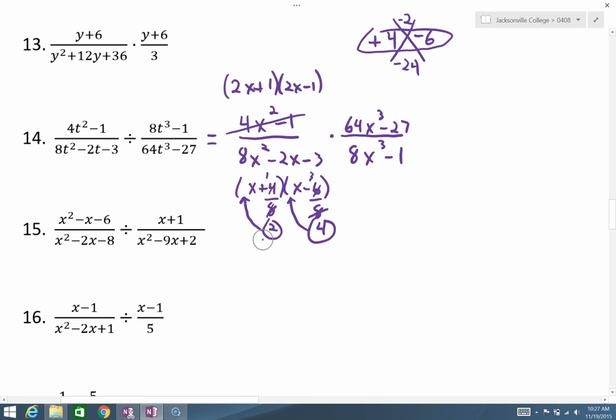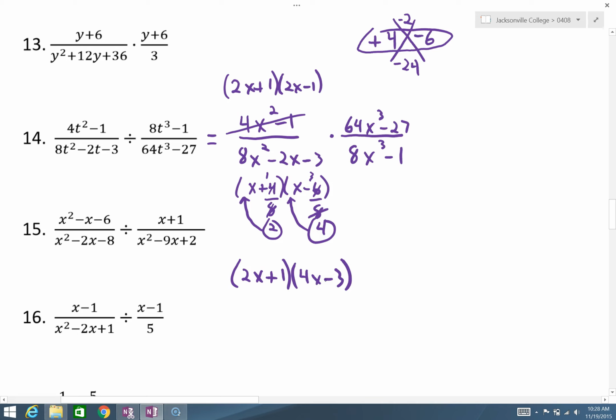So what we have, my new denominator is 2x plus 1, 4x minus 3. All right. 2x times 4x is 8x squared. Positive 4x and negative 6x is a negative 2x. 1 times negative 3 is minus 3. Okay, so this is my new denominator.